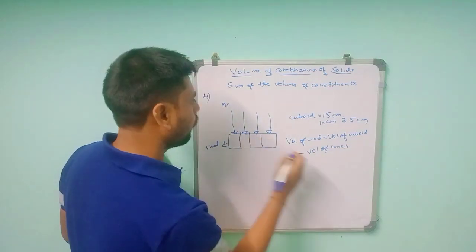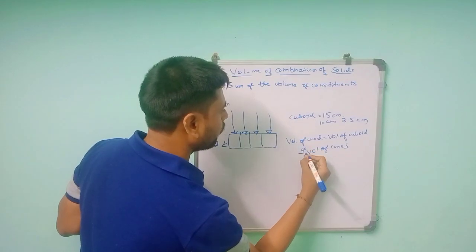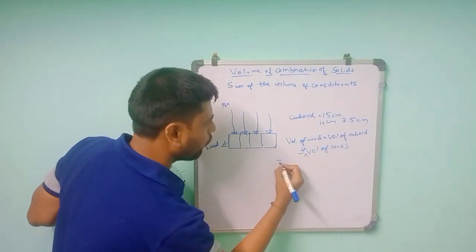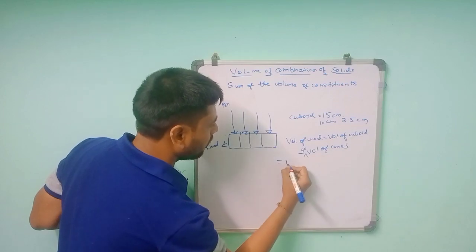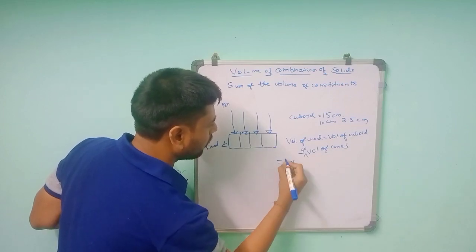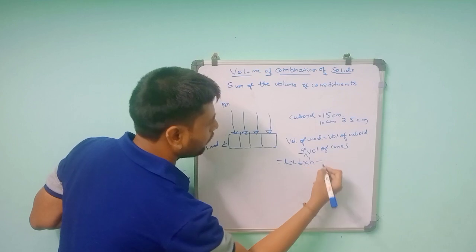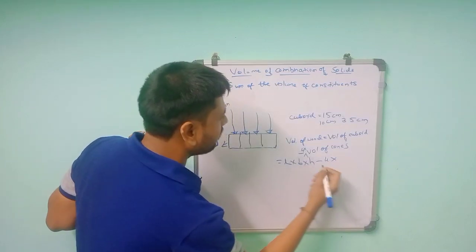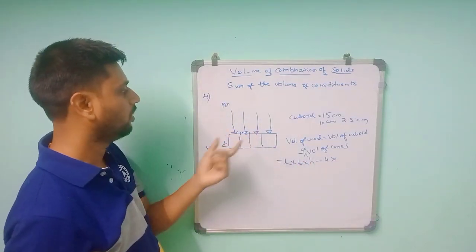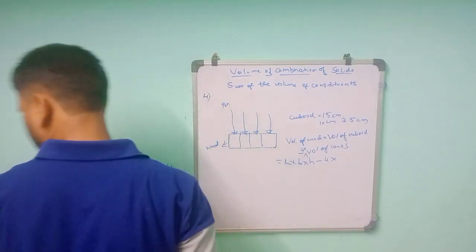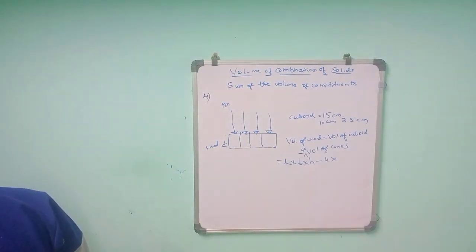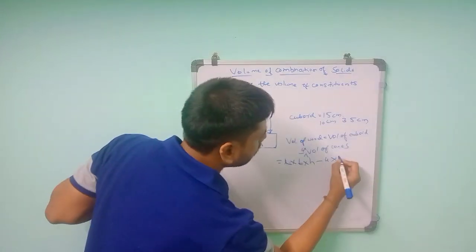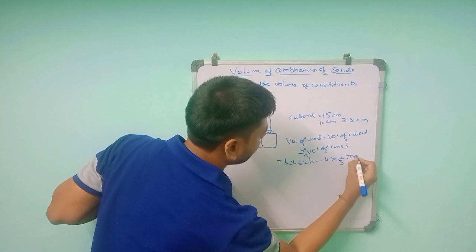But they have given 4, so 4 into the volume of a cone. So the volume of wood is the volume of the cuboid, length into breadth into height, minus 4 into the volume of a cone. The radius is 0.5 centimeters, and the volume of the cone is 1 by 3 pi r square h.